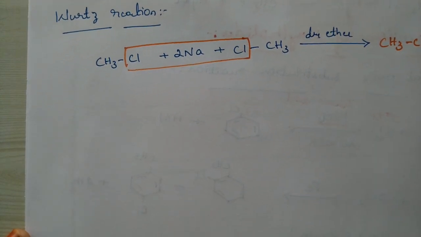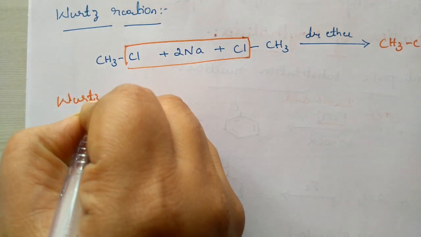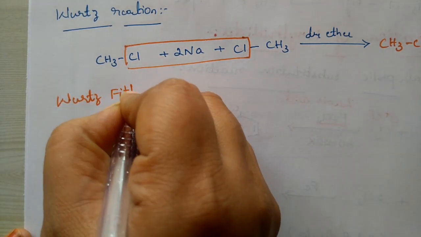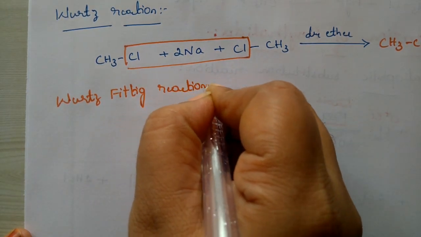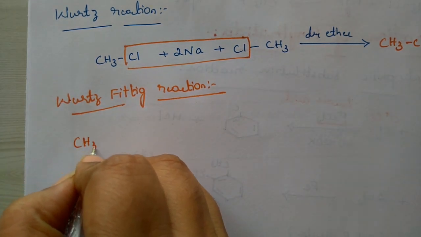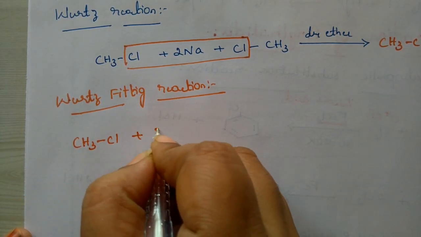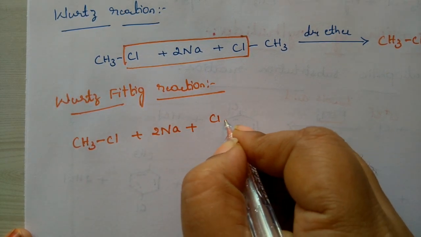If it is Wurtz-Fittig, Wurtz is for alkyl halide, CH3Cl with sodium only. Fittig is for aryl halide.